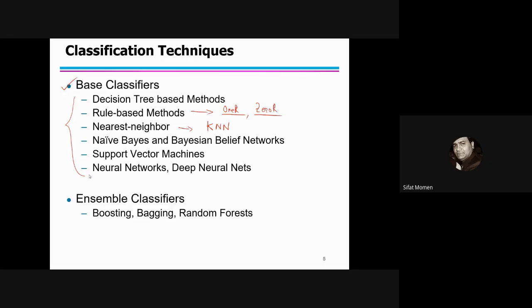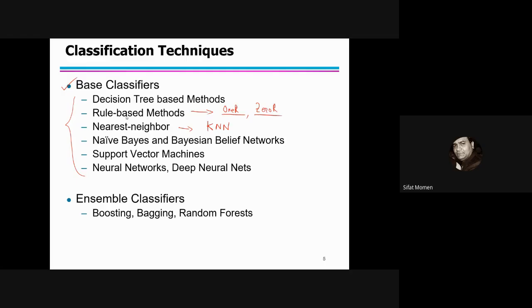We also have some classifiers which we call ensemble classifiers. An ensemble classifier means we are not going to use just one classifier, but a number of classifiers, and we fuse them to make a decision.